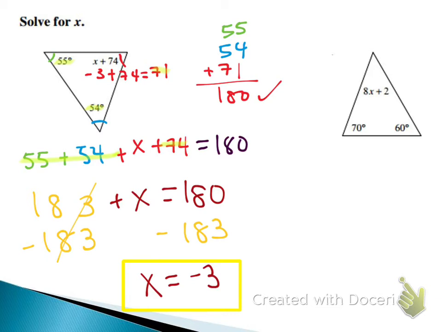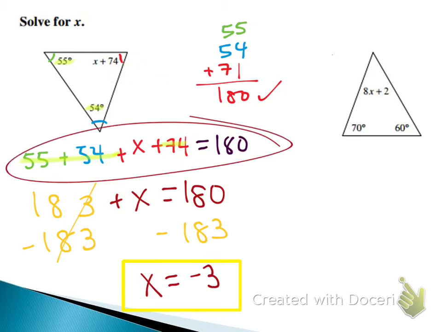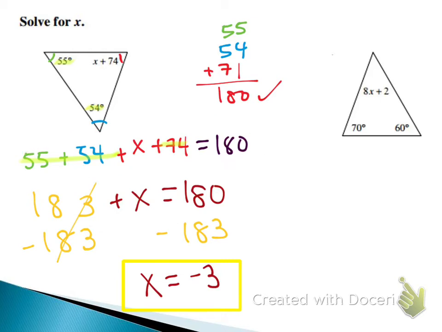Does anybody know option 2 in a problem like this? How to set it up? You don't have to do this method. Well, we know this is 54 and this is 55, right? So we can find out what this angle equals individually and then set it equal to that.